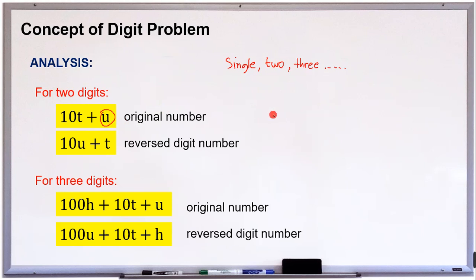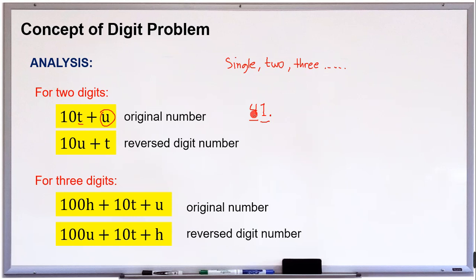Because if we write a two digit number, let's say for example 41, the number 1 is our ones digit because its position relative to the decimal place is at the ones place, whereas the number 4 is our tens digit, and we denote this by the letter T.